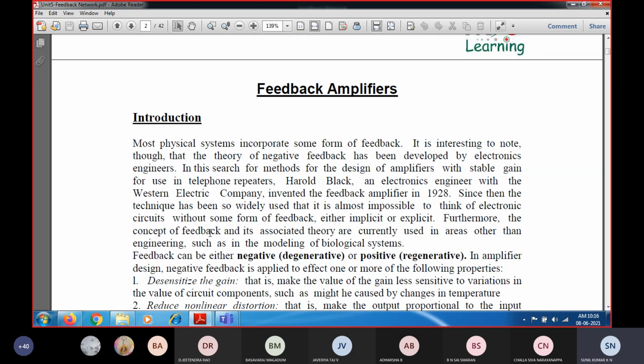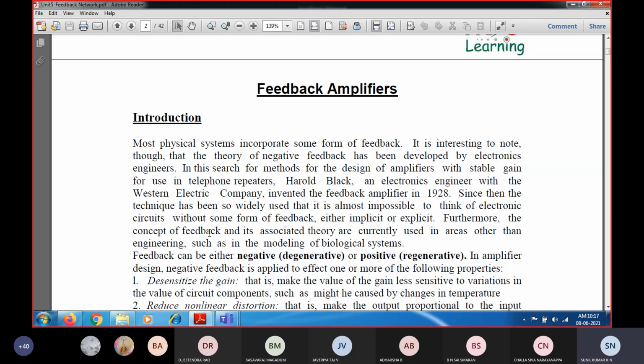That is the loop gain, which is the gain connected in parallel with the main amplifier, and it is nothing but A times beta. Here A corresponds to the open loop gain of an amplifier, that means when the amplifier has no feedback, the gain you get is the open loop gain.